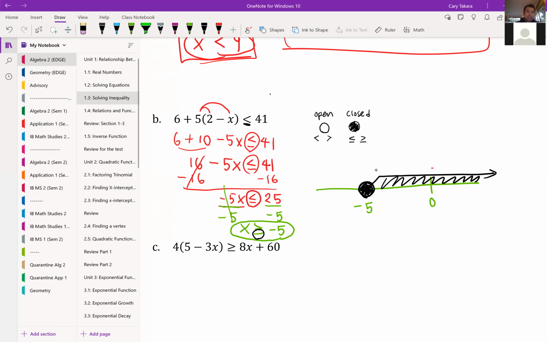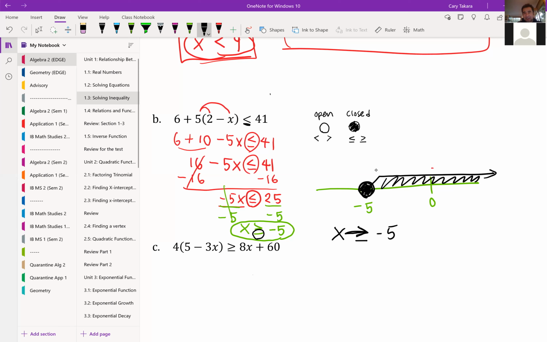Now there is a little trick that you can use. That was the solution, right? One trick is that with the greater than sign, you pretend that it's an arrow, and that arrow is pointing that way, isn't it?